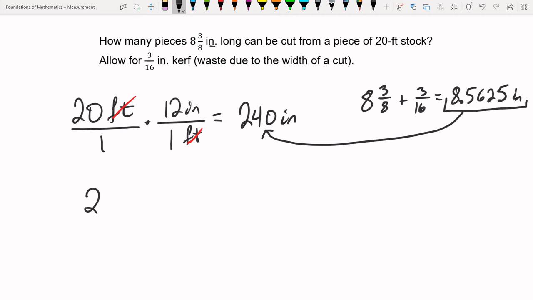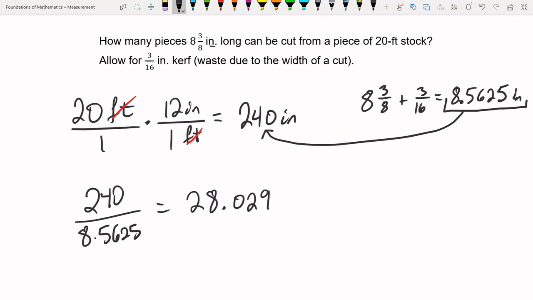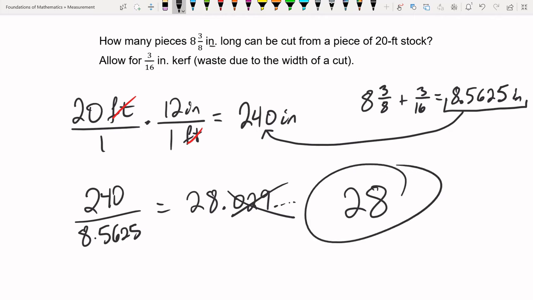So 240 divided by 8.5625. I have 28.029, and then it continues on. What this means, though, is that we wouldn't want 0.029 of a piece. We only get 28 pieces that can be cut off to their full amount.